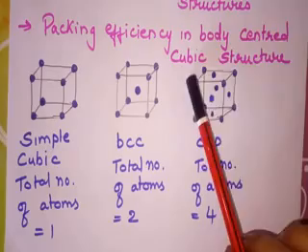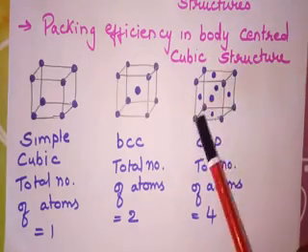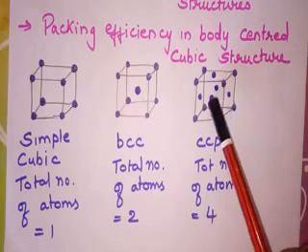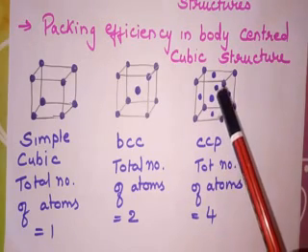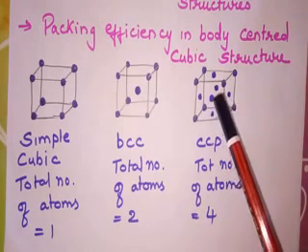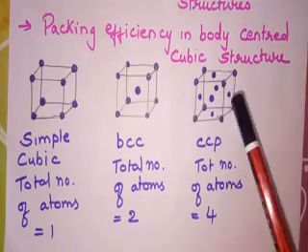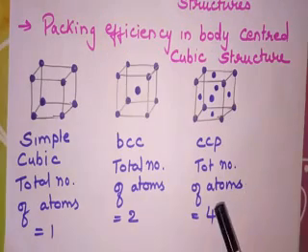You have atoms on the corners, that is total 1, and you have atoms at the center of each face. So 1 upon 2 into 6, that is 3 atoms on the faces. So finally 1 plus 3, that is equal to 4 atoms in case of CCP.